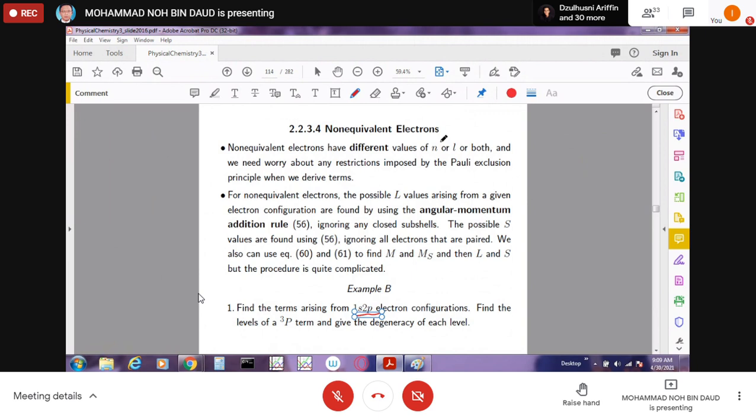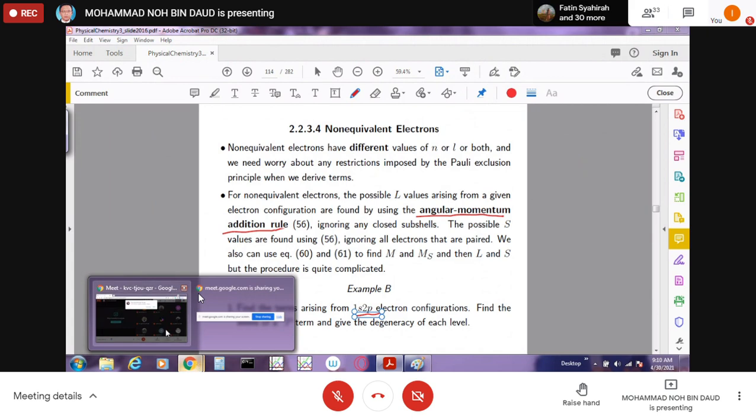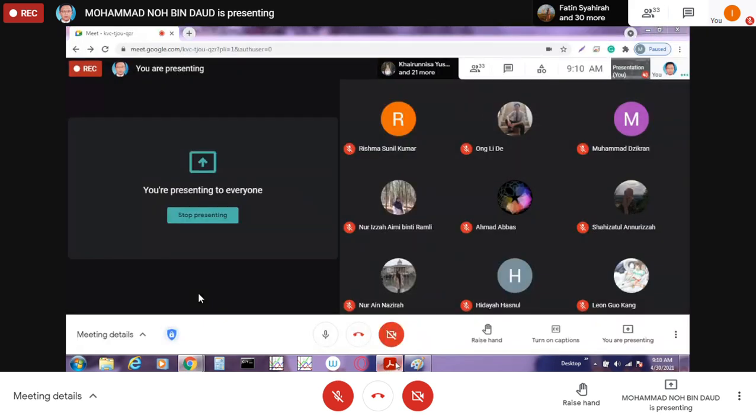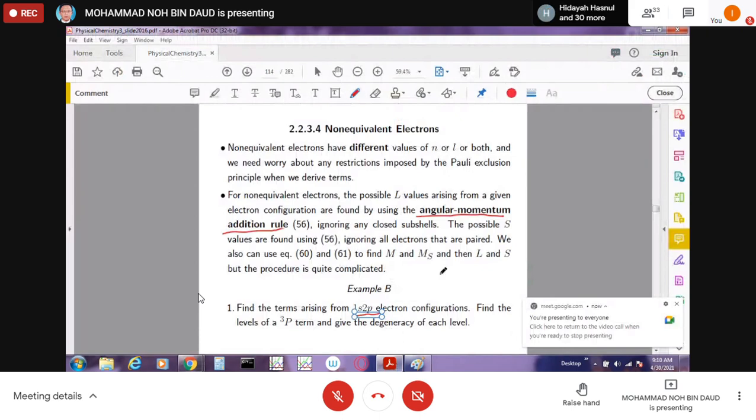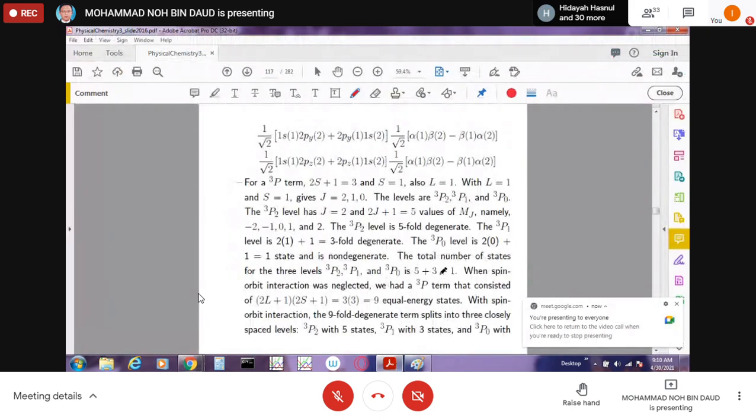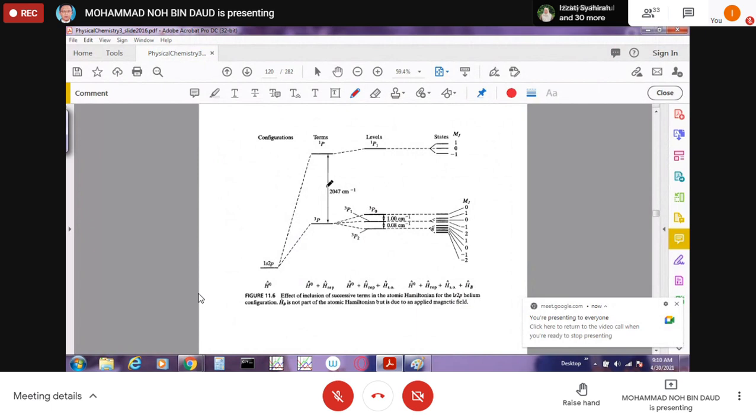For the non-equivalent electrons, normally we will use these angular momentum addition rules to find the atomic term symbol. Okay. So this is the 1s2p. Here we have singlet P1, triplet P0, triplet P1, and triplet P2.